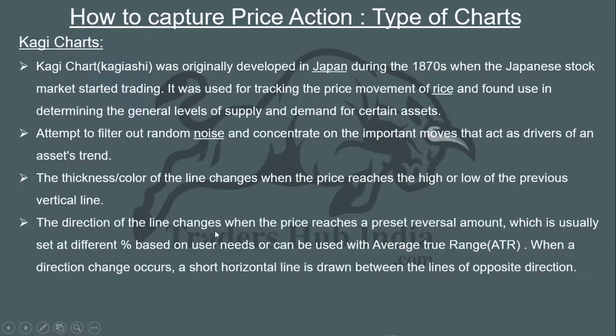The direction of the line changes when price reaches a preset reversal amount, which is usually set at a different percentage based on user needs, or can be used with ATR. When a direction change occurs, a short horizontal line is drawn between the lines of the opposite direction. This last point is exactly like the Renko chart.